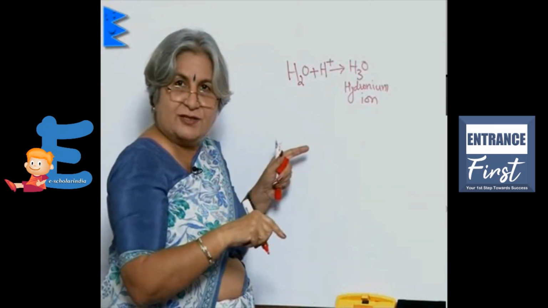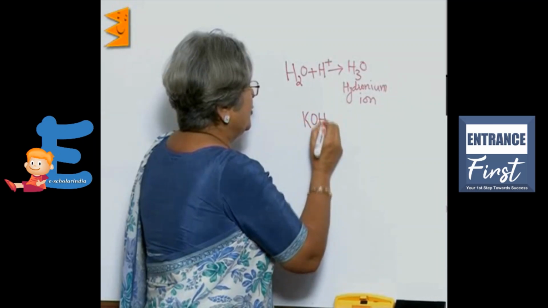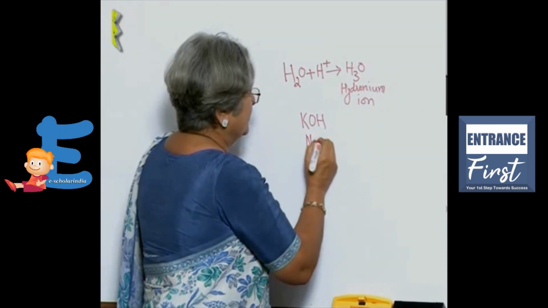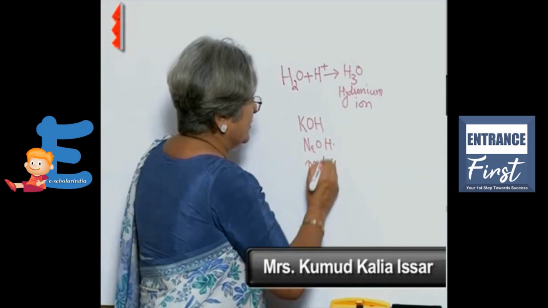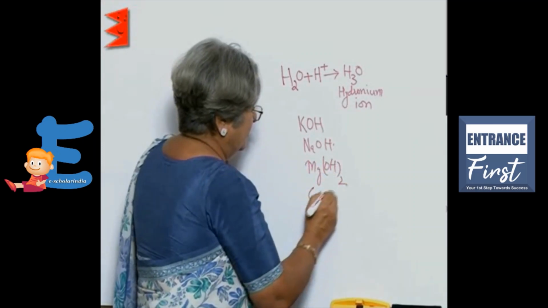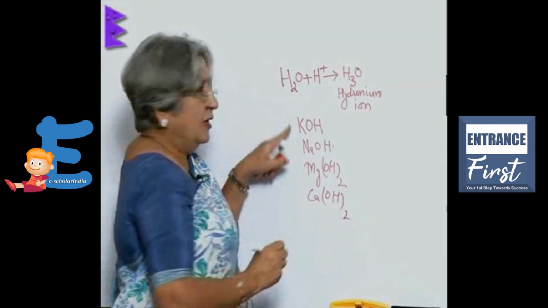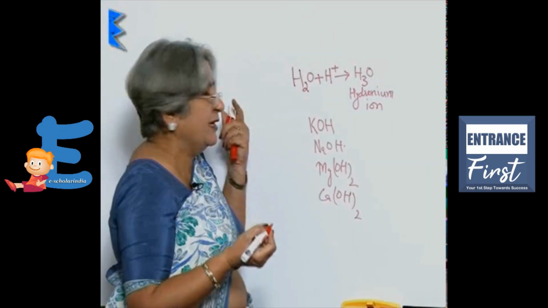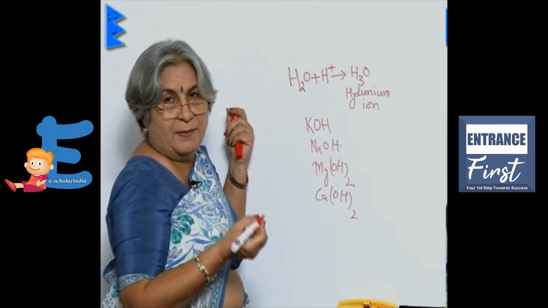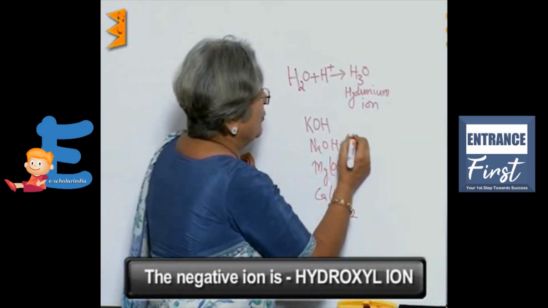Now let us take the case of bases. What is common? KOH, NaOH, Mg(OH)2, and so on. On this side, there are different metals: potassium, sodium, magnesium, and so on. But the negative ion is common. And what is that negative ion?